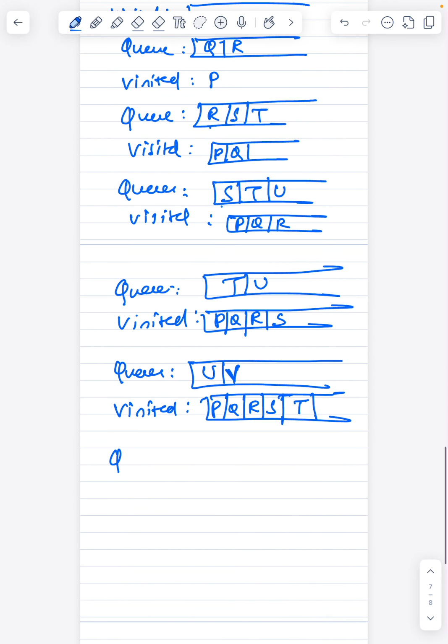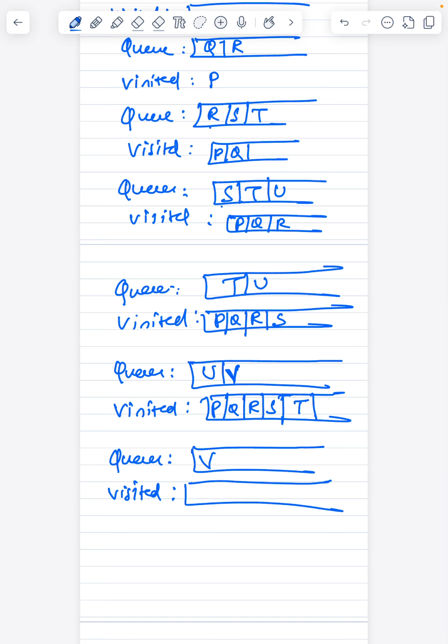So the queue will become V. The visited array will become P, Q, R, S, T, U. Now what is waiting in the queue? V is waiting in the queue.